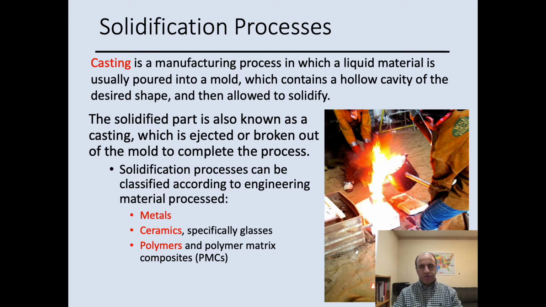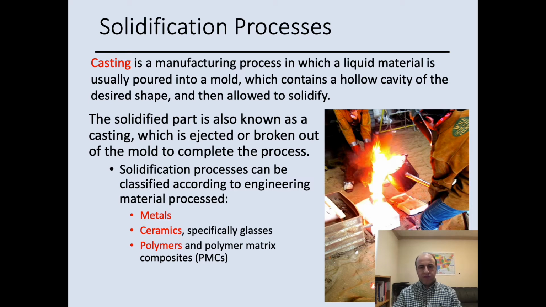After that, the part can be ejected, or the mold can be broken in a way that we obtain the solidified part out of it. The casting process can be classified according to the materials being used: metal, ceramic, and polymers.